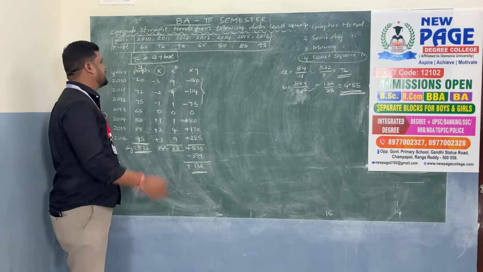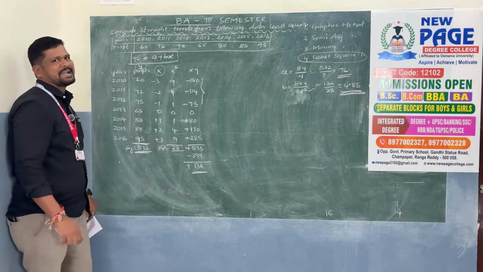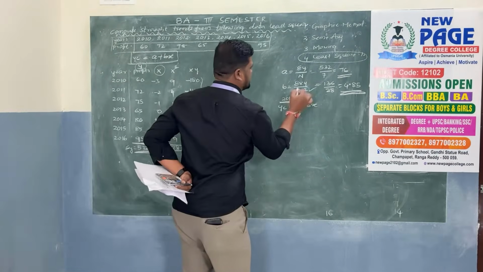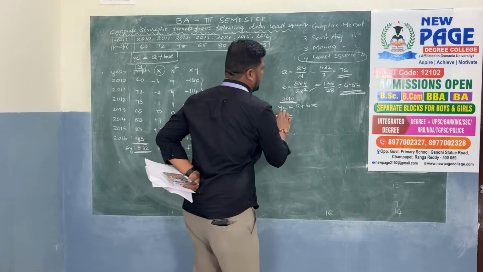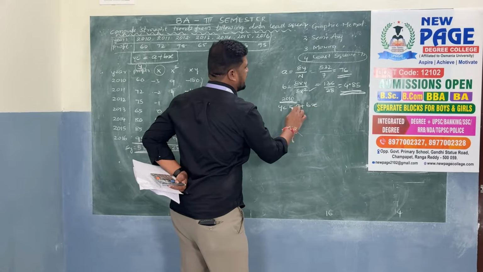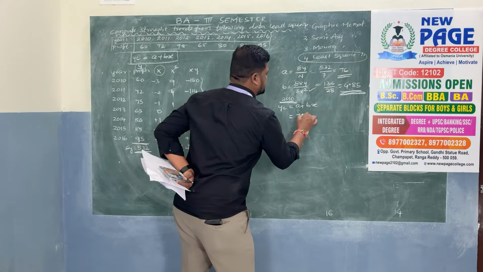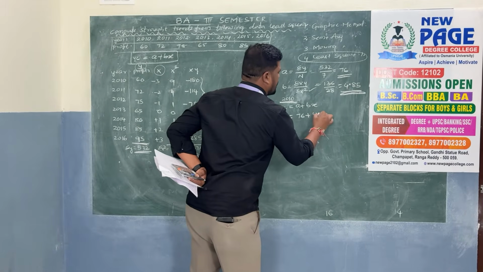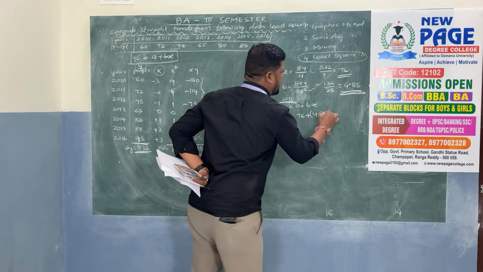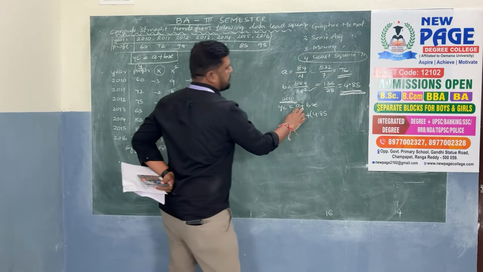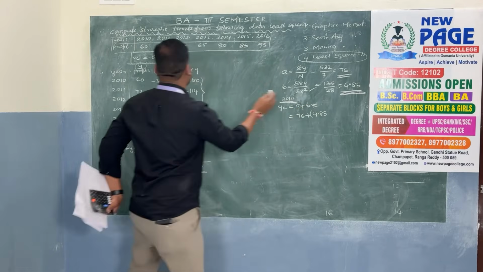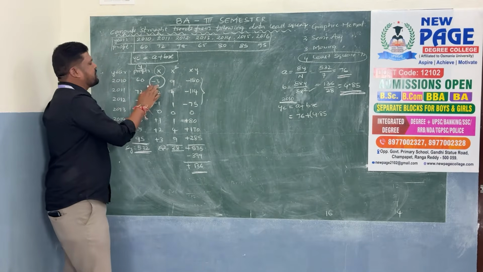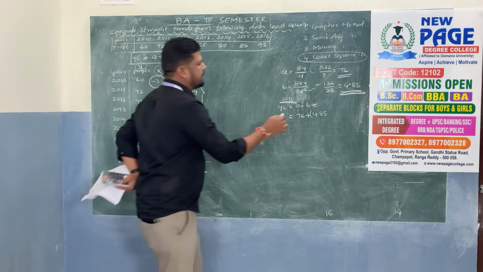You have to estimate the trend for each year. So 2010 trend: Yc = a + bx = 76 plus 4.85 into x. Here the 2010 x value is minus 3.